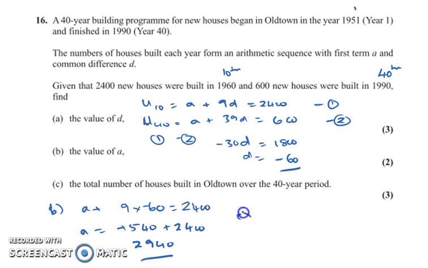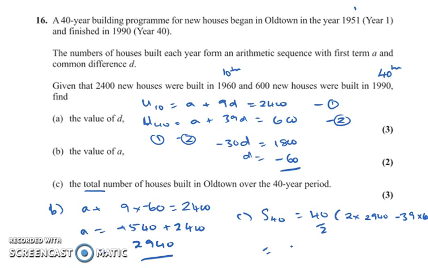Lastly then, part C, it wants the total, so we're going to use Sn over the 40th period, 40-year period. So S40 equals 40 over 2, 2 times A, which is 2 times 2,940, minus 39 times 60.